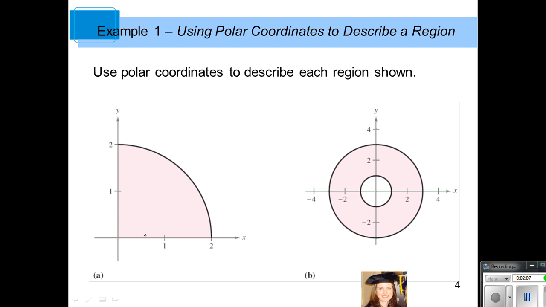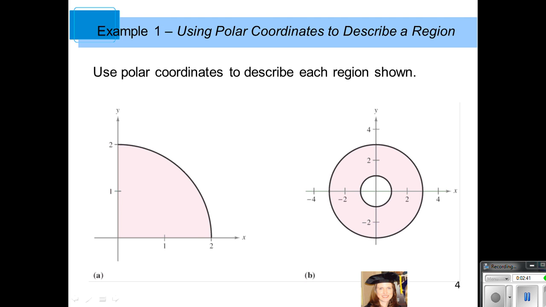Now the angles, when you measure angles in polar coordinates, the positive x-axis has an angle of 0, and then as you rotate counterclockwise to the y-axis, that angle would be from 0 all the way up to pi over 2. So that's how we can use polar coordinates to describe this region, where the radius is from 0 to 2 and the angle is from 0 to pi over 2.